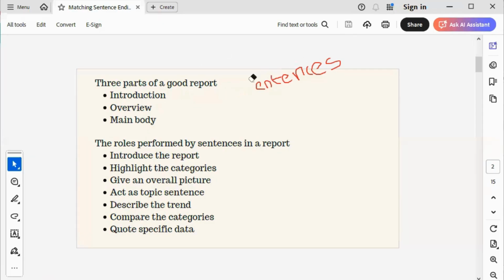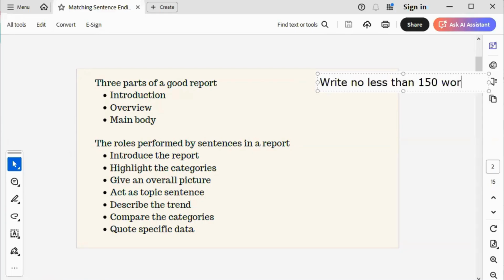Now, your reports will contain different sentences. A good report should contain a minimum of 150 words. That is the word limit. That is the instruction. You are going to see the instruction on the question paper. They will say, write no less than 150 words, or they will say, write at least 150 words.